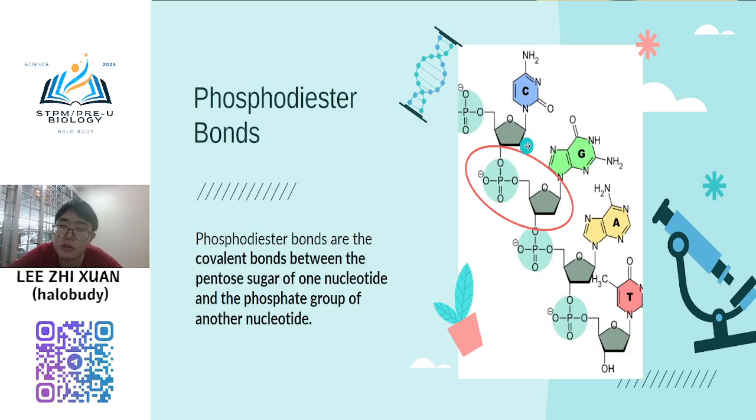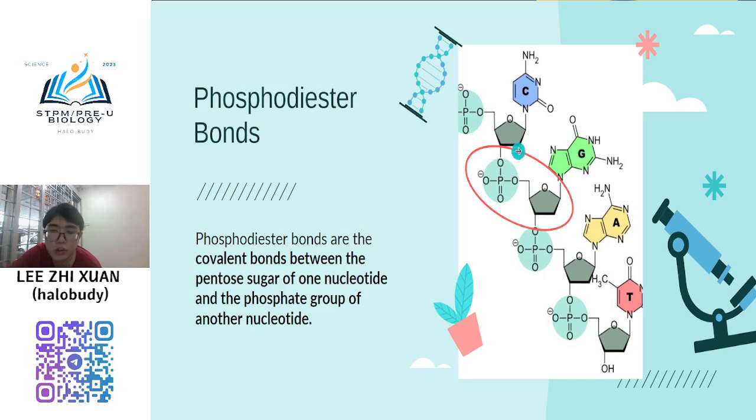You see 1, 2, 3 here, and you can see 1, 2, 3 here. It is formed between carbon number 3 of the ribose and the phosphate group of another nucleotide. So this one we call the phosphodiester bond.